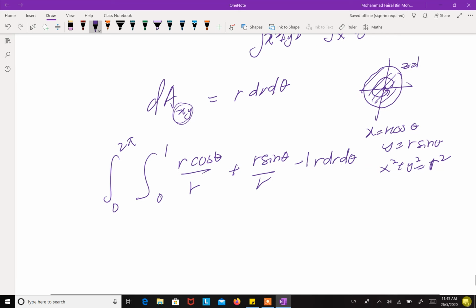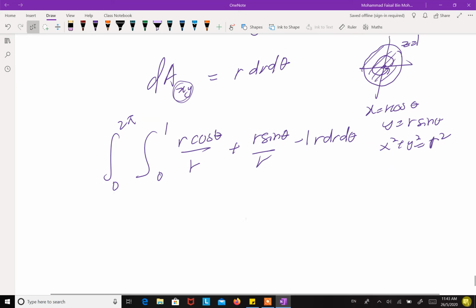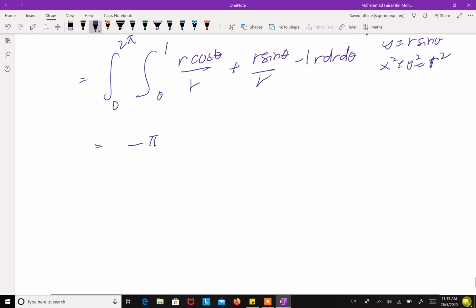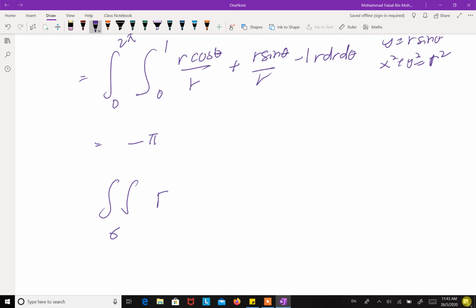Okay, so this r can be cancelled, and then if you solve, you will get negative pi. So now your surface integral under the vector field ds is negative pi.